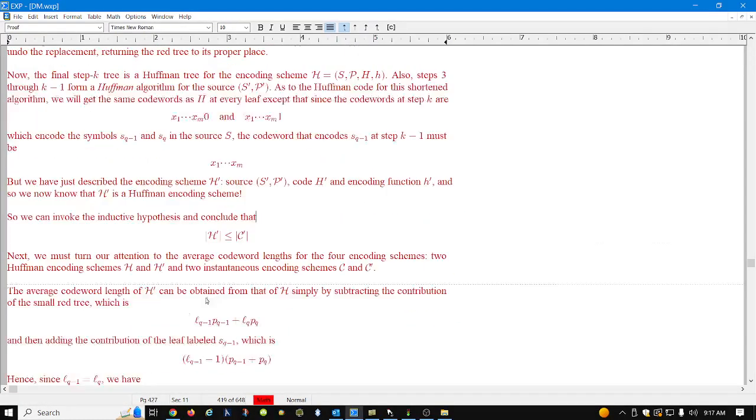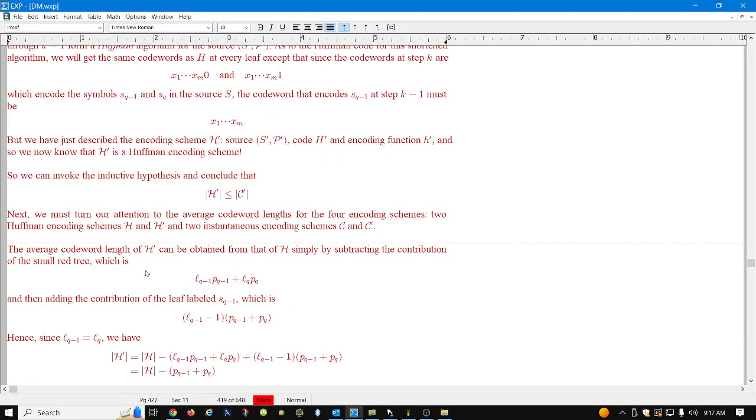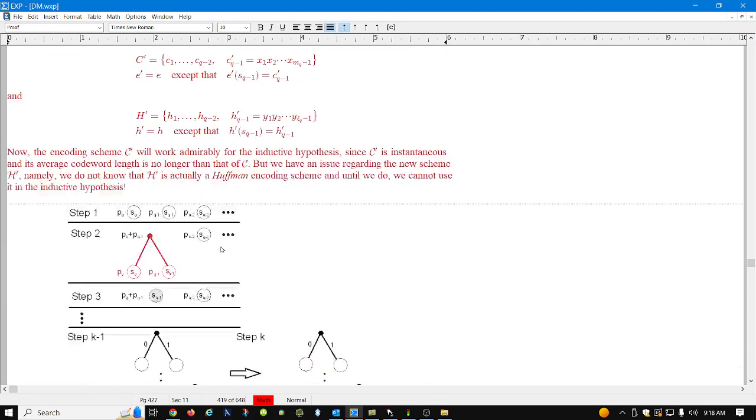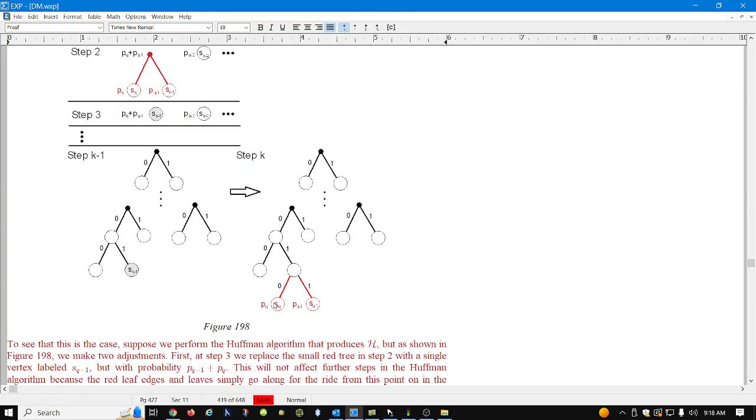So the way I put it, quite simply, is the average code word length of H prime can be obtained from that of H by subtracting the contribution of the small red tree and adding the contribution of this vertex.